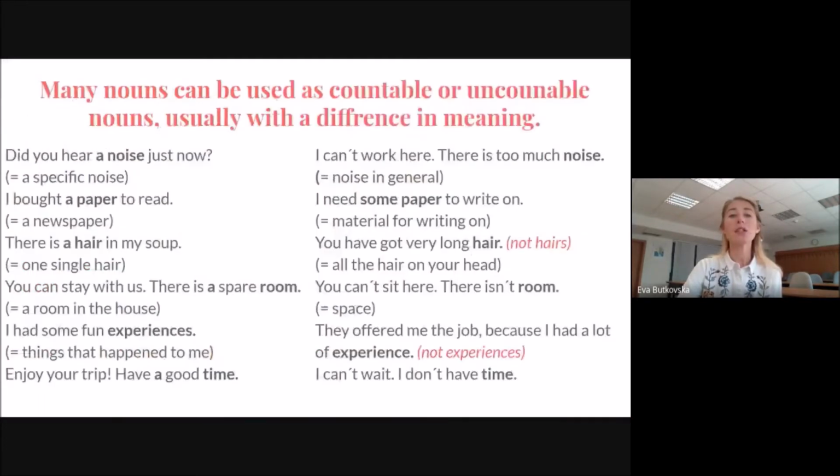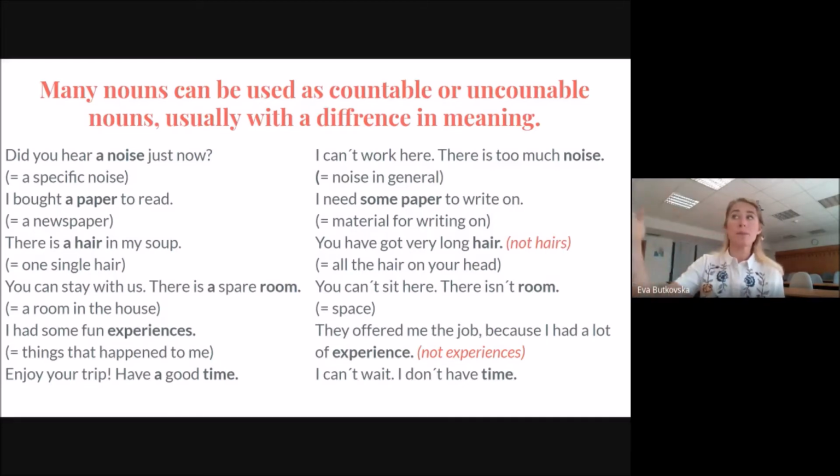But let's look at more examples. So many nouns can be used as countable or uncountable nouns, but usually with a difference in meaning. So let's study those. If you just say, did you hear a noise just now?